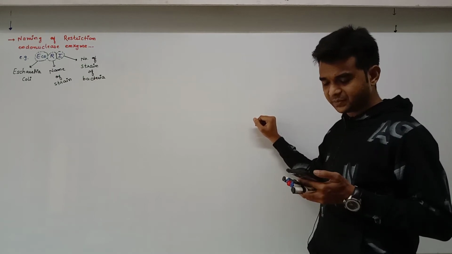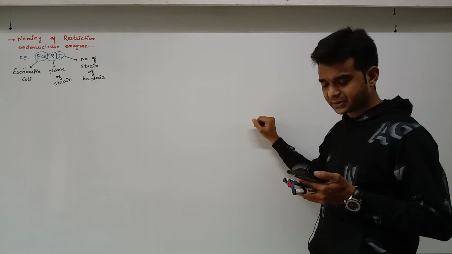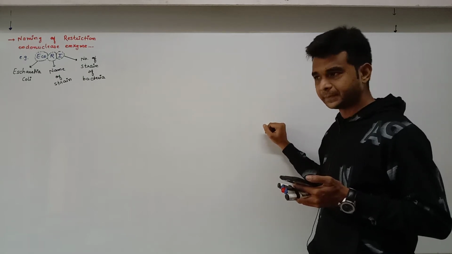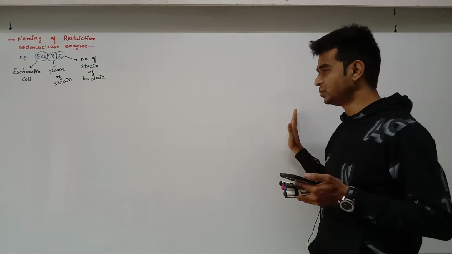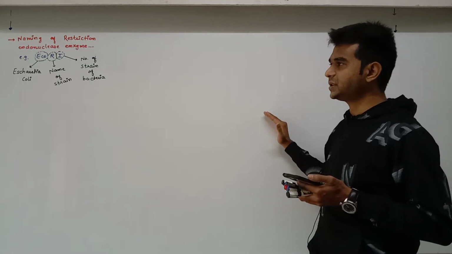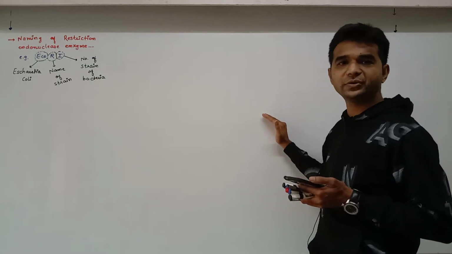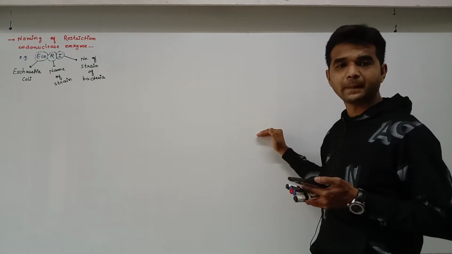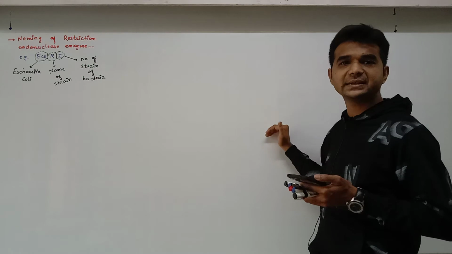Restriction enzymes belong to the large class of enzymes known as nucleases. Yesterday I told you that all the restriction nuclease and endonuclease enzymes as well as exonuclease enzymes are included in the nuclease type.